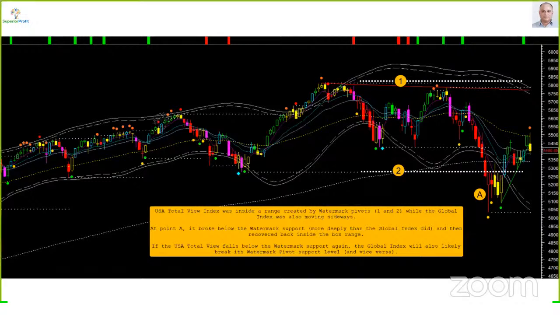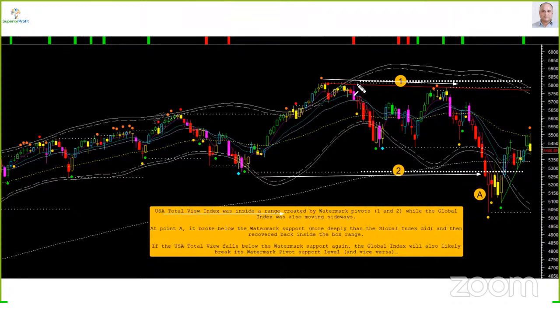And remember, I told you when the global index was moving sideways, USA total view was practically moving sideways, and this is the confirmation of that. In this period, this is now the total view custom index, not one USA index, but the total view index, overall picture.